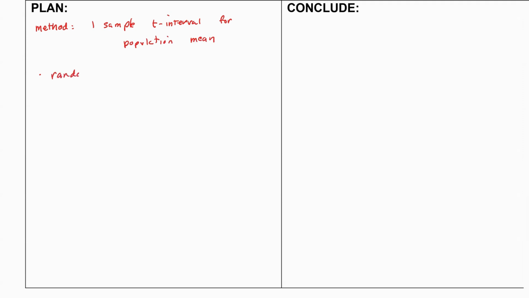Our first condition is that the sampling needs to be random, and that is stated in our problem stem. We need to know that the independent condition is met. Now we're sampling without replacement, and our sample size is 20. And the question is, do we think 20 is less than or equal to 1/10 of the production of those screens in one day?